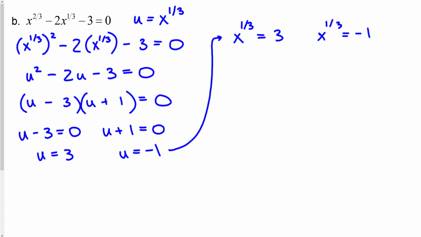The inverse operation to the cube root is cubing. So if I raise both sides of my equation to the 3rd power, then 3 times 1/3 is 1, so that just leaves me with x on the left-hand side. 3 to the 3rd is 27. Similarly, if I cube both sides of the other equation, x to the 1/3 cubed is just x. Negative 1 cubed is negative 1.